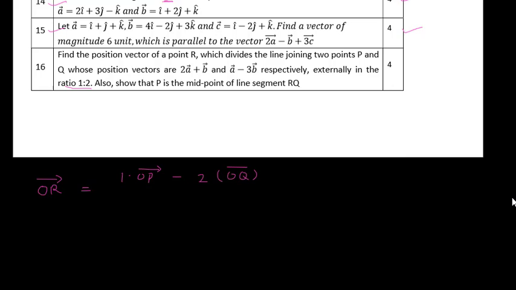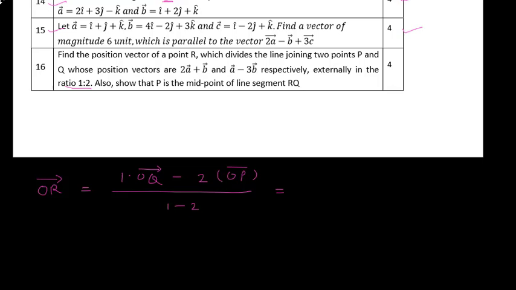Okay, here I have to do 1 into OQ, because the joining of P and Q is said. So 1 into OQ minus 2 into OP, divided by 1 minus 2. This is your OR bar.